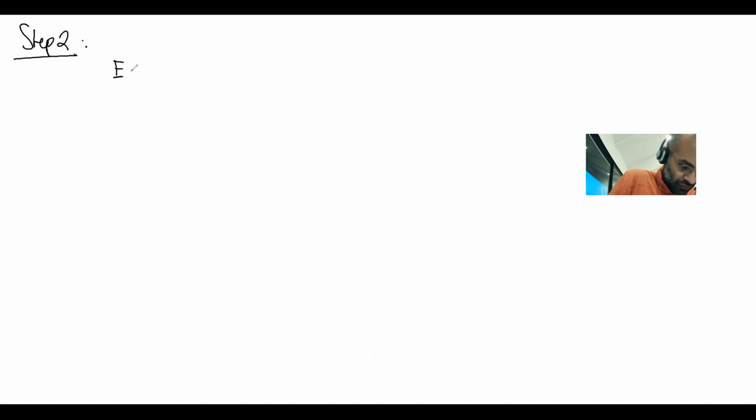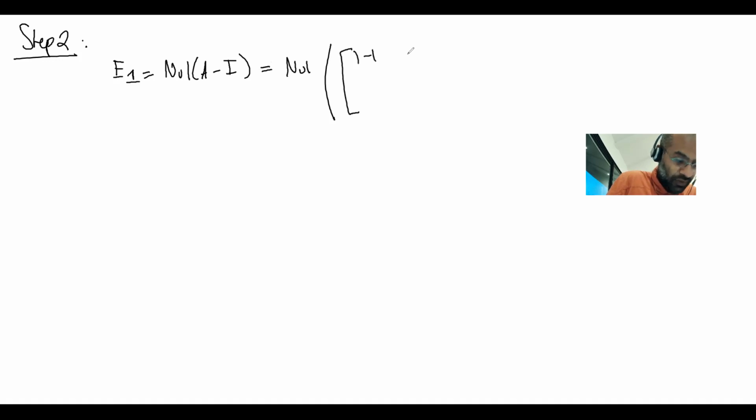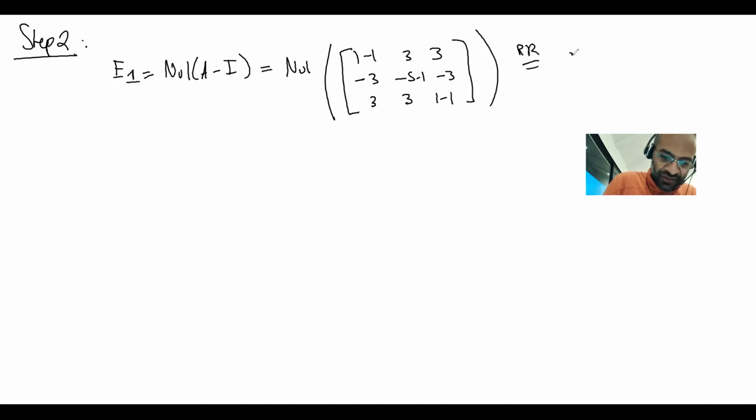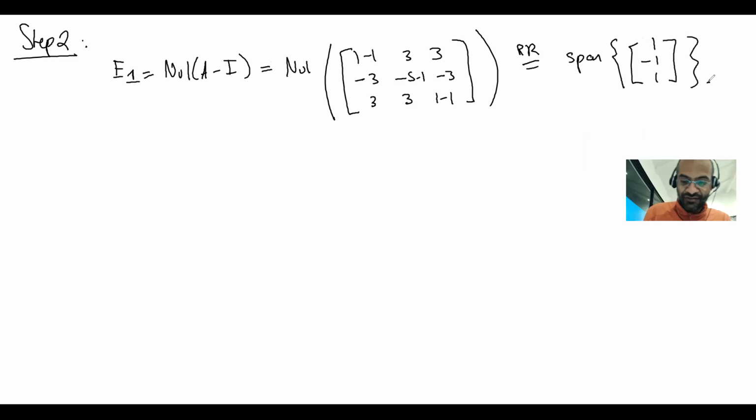Well, the eigenspace corresponding to 1 is the null space of A minus identity, which is the null space of this matrix: 1 minus 1, 3, 3, 3, 3, 1 minus 1. So subtract 1s on the diagonal. And you do some row reduction, which I'm going to skip here. You get that this is the span of this vector (1, -1, 1). So that's the eigenvector with eigenvalue 1. And you can check that indeed it's the case.